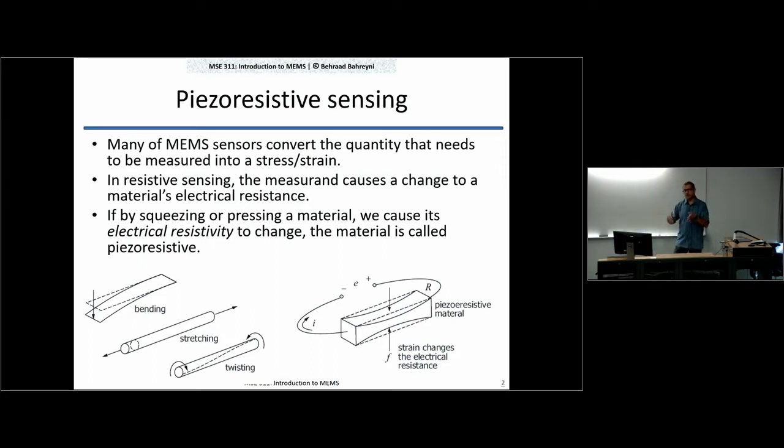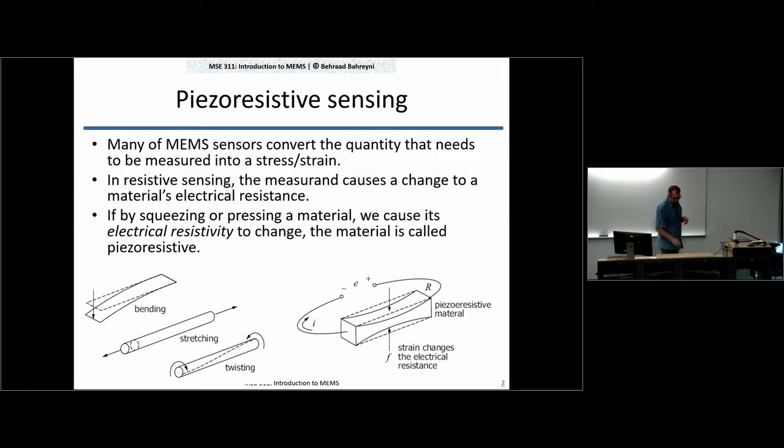These are resistors whose value depends on the temperature. Or you can have chemoresistors. These are resistors whose value depends on the concentration of a certain chemical in the environment. Piezoresistors are devices whose value will respond to an applied pressure or stress or strain, right?